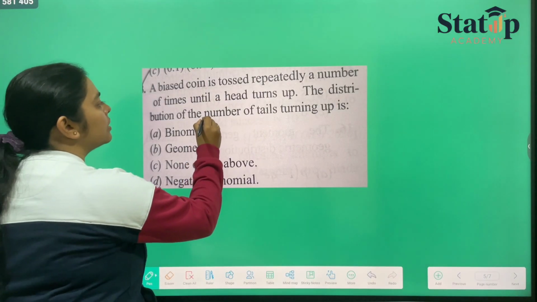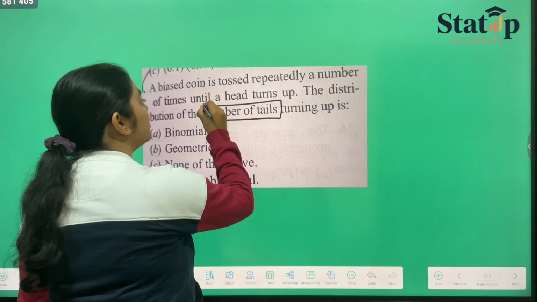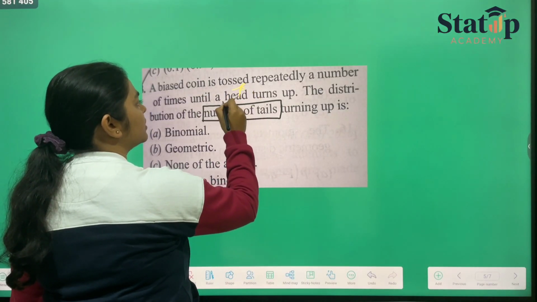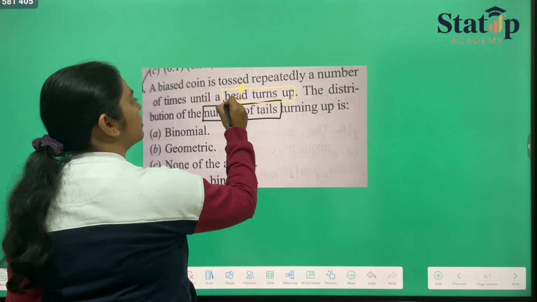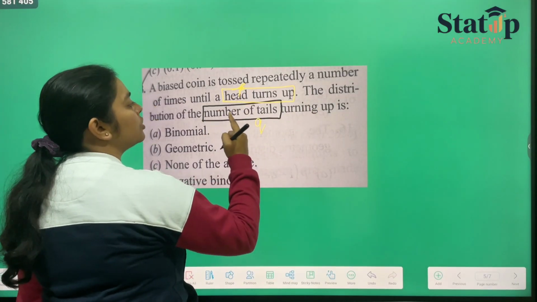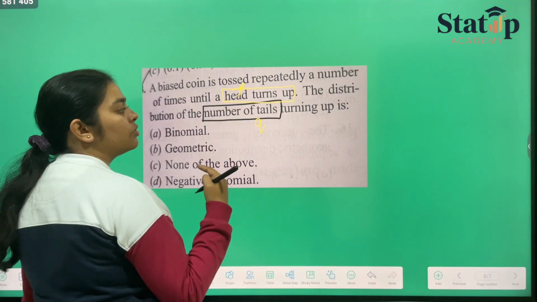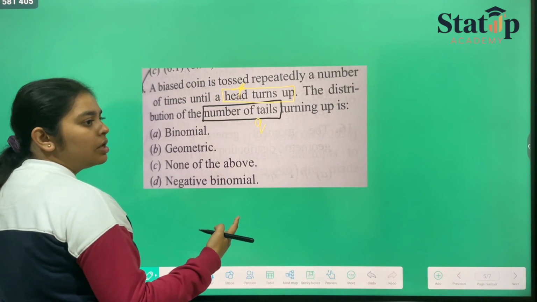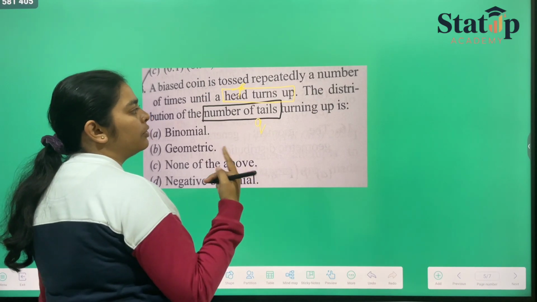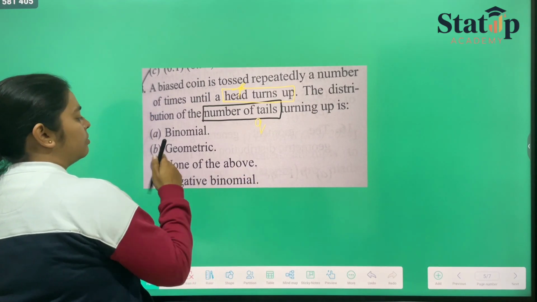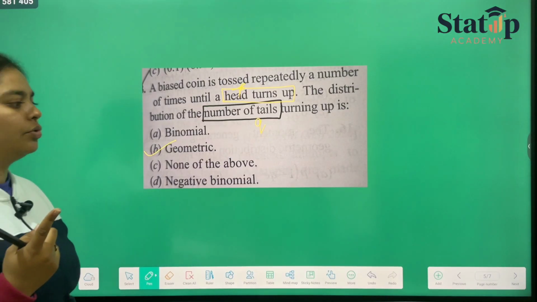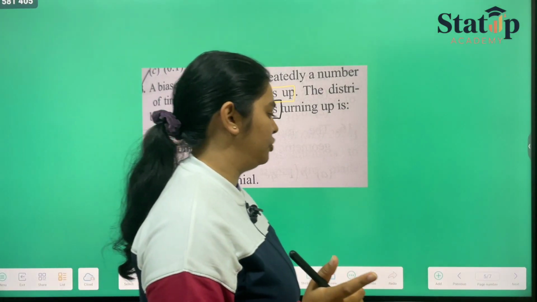Here they have asked the number of tails, and our probability of success is that the head turns up, and the number of tails will be Q. So they have asked us the distribution of the number of tails, which is the number of failures before the first success comes, before the first head turns up. So this is nothing but our geometric distribution. That is how you see it in the examination.